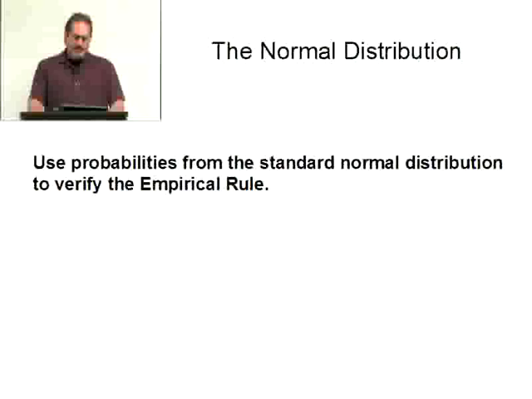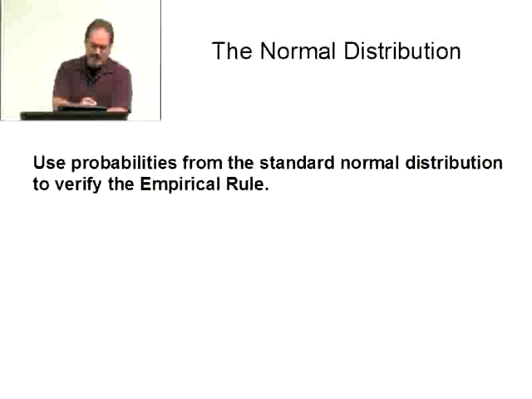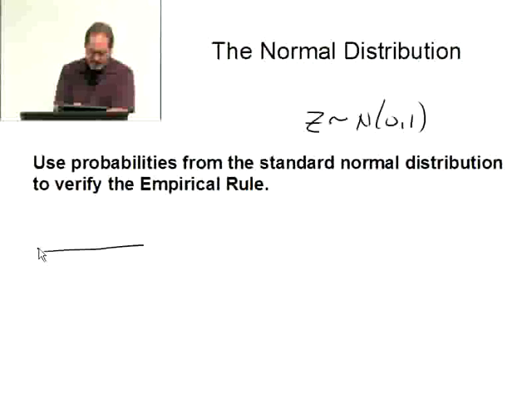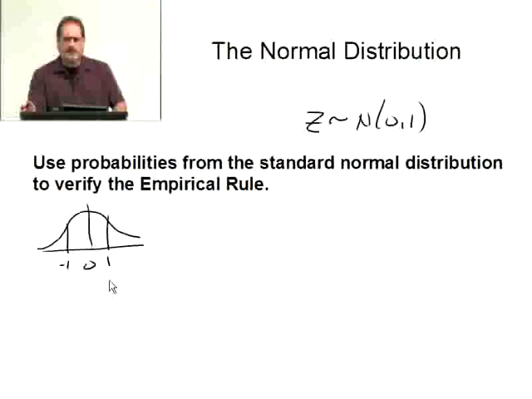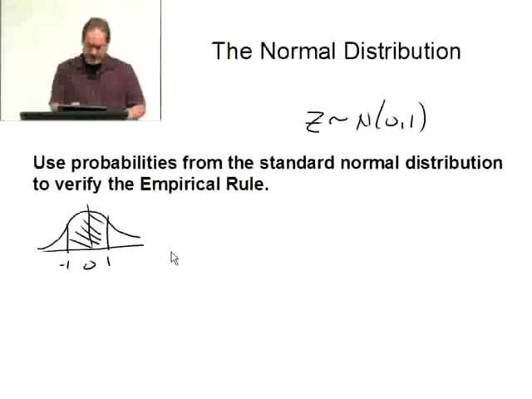Okay, use probabilities from the standard normal distribution to verify the empirical rule. I'm not going to work through all this, but I'm going to show you how. The standard normal is Z, and we say Z is distributed normal 0, 1. Well, if I draw the picture for the first piece, the empirical rule says if I go one standard deviation from the mean, and because the z-score is the number of standard deviations, so between negative 1 and 1, this should be approximately 0.68.